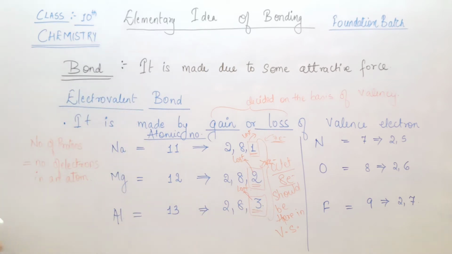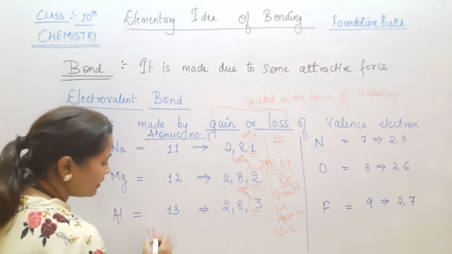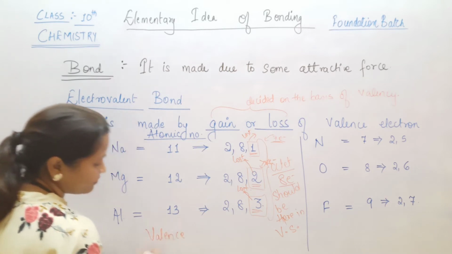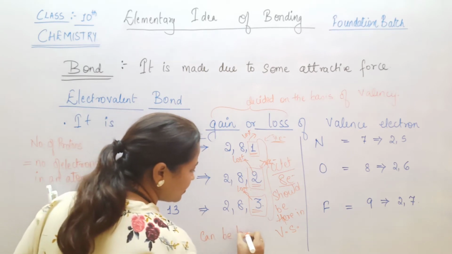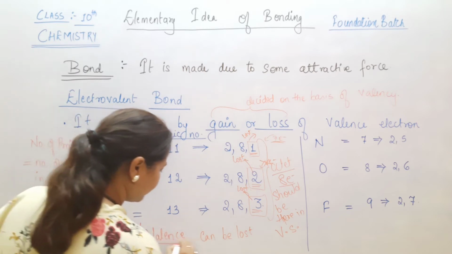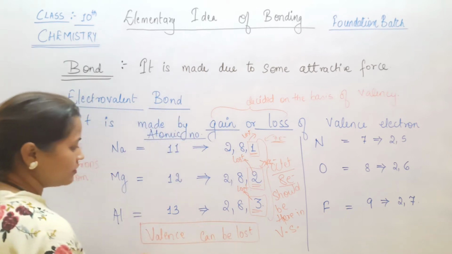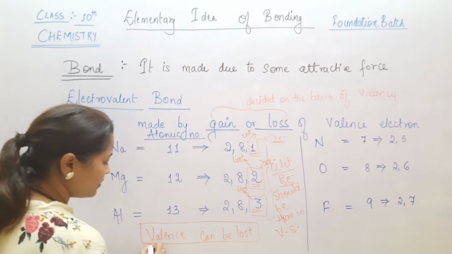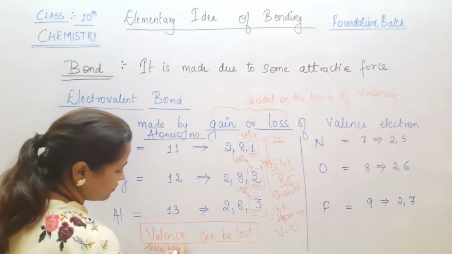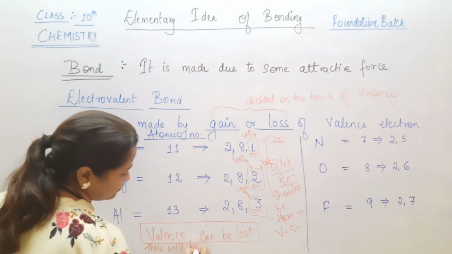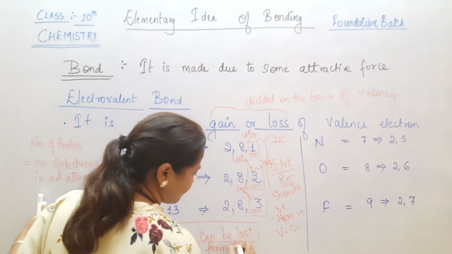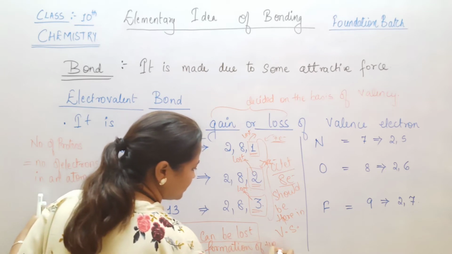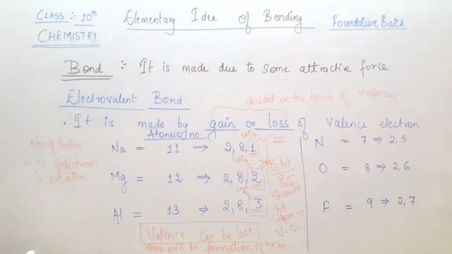So in this case you will say कि valence electron can be lost. ठीक है, अच्छा, जब लॉस होगा तो क्या होगा? देयर विल बी फॉर्मेशन ऑफ पॉजिटिव आयन.